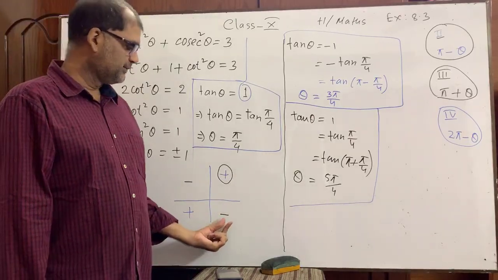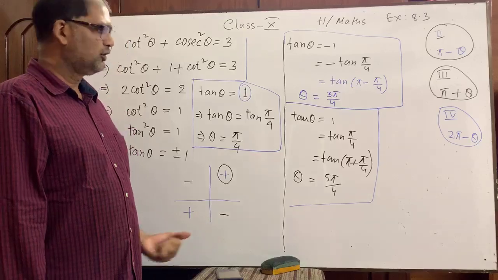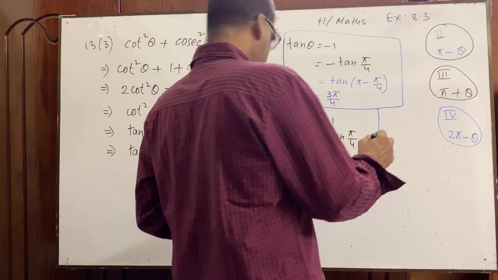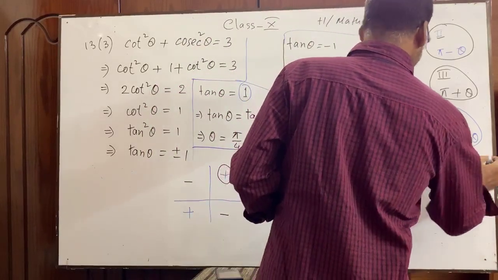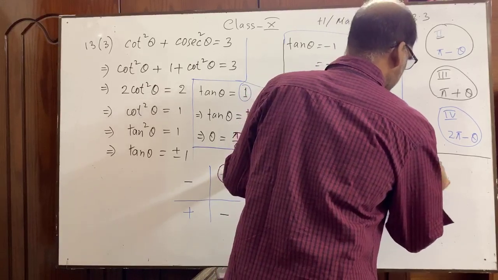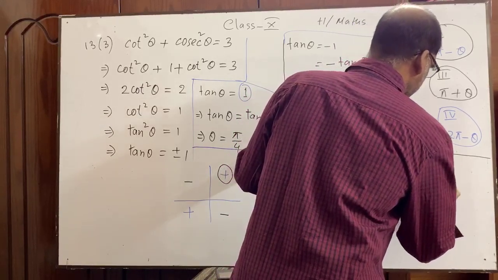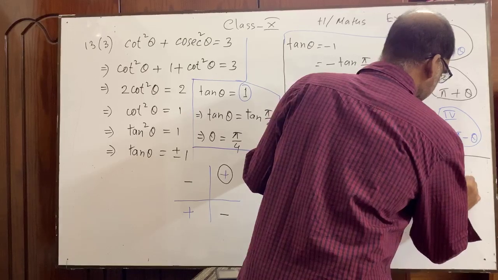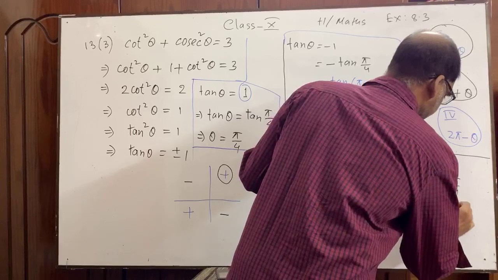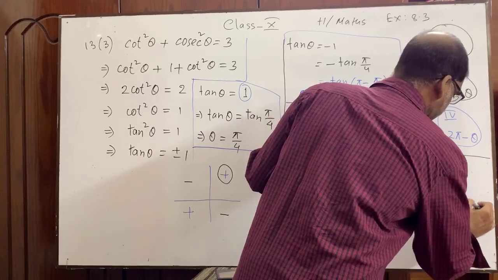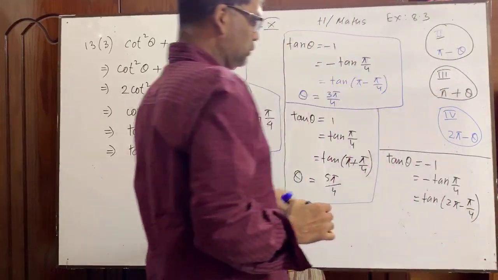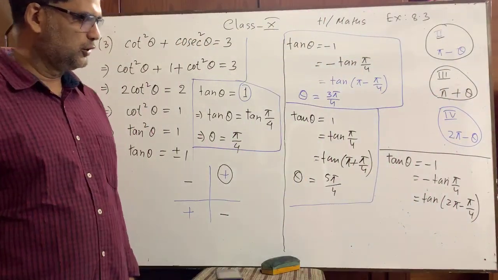Fourth quadrant, what is given here? Negative value, right? So I have to take the negative value for the fourth quadrant. You see, in the fourth quadrant, tan theta equals minus 1, minus tan pi by 4, that is tan of 2 pi minus pi by 4, as I told you earlier.